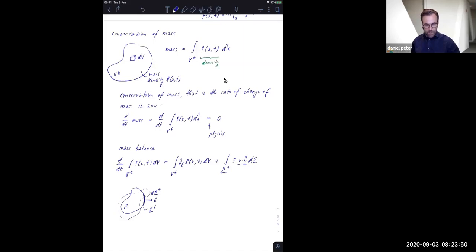And then the quantity can move in a certain direction. That's V, basically. That's the velocity field in which the quantity moves, in our case mass. That's how the little mass parcel would move in that direction with V.